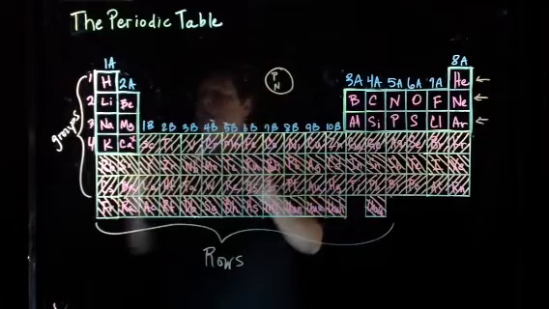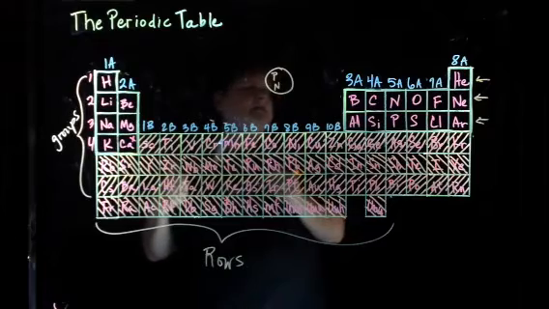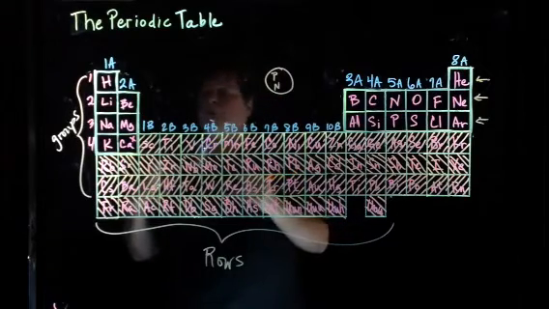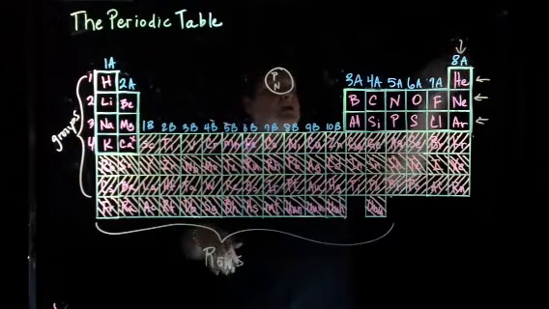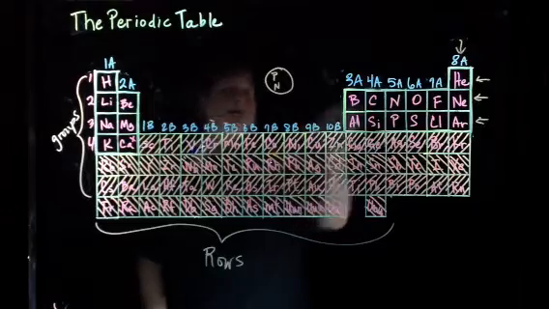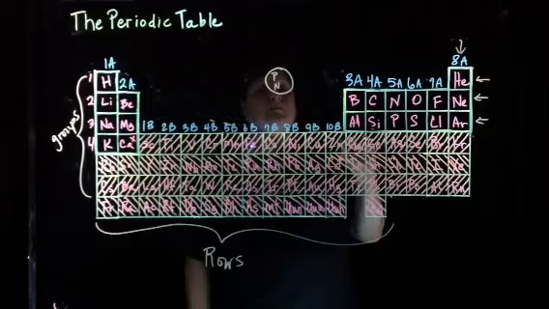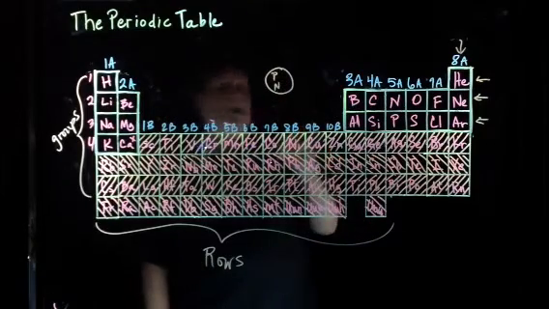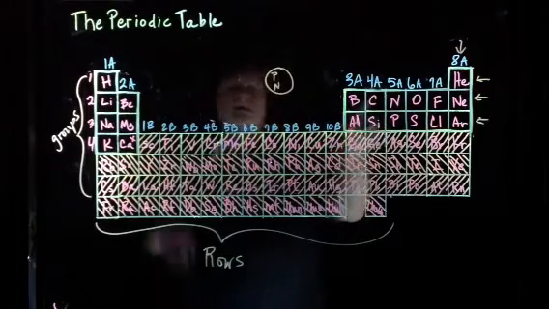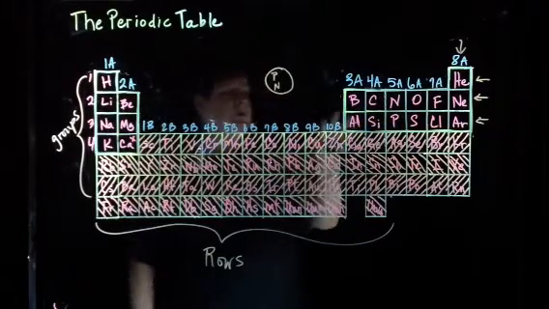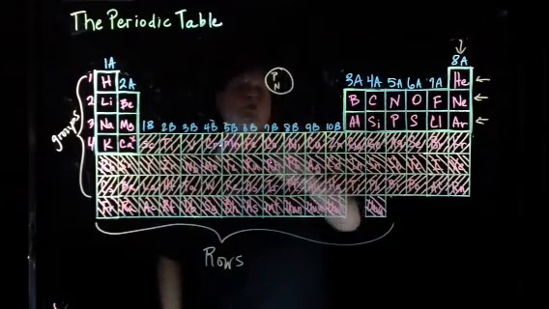The octet rule is basically a chemistry rule of thumb that says that all valence shells want to have 8 electrons so they can mimic their nearest group 8 neighbor. So they want to be like this group 8 column, because these are completely what we call inert. They don't bind with anything. They don't form bonds. So here in the other parts of the periodic table, we're going to see how these elements can go about filling up those orbitals.